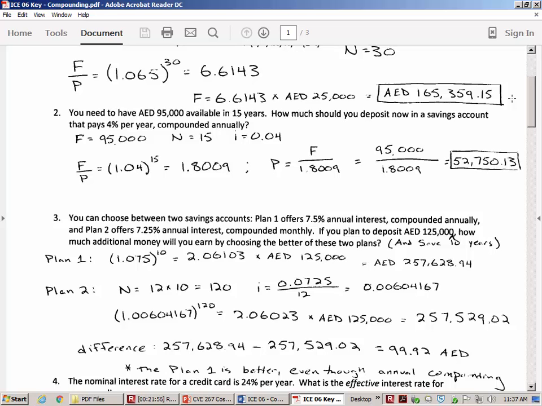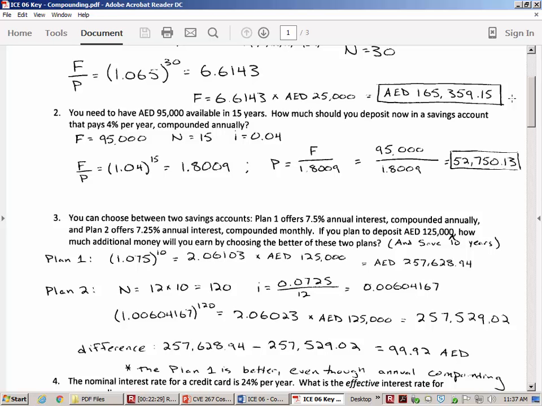So divide the annual interest rate by the number of months, and then this very small interest rate here, 0.0060467, that's the interest rate per period. So that interest rate per period plus 1. So 1 plus I to the n, where n is the number of periods. So I get a slightly different factor. These two factors look pretty close, but they're different. They're not exactly the same. Multiply by the principal, and I get the future amount.